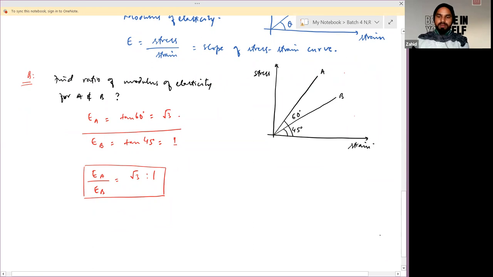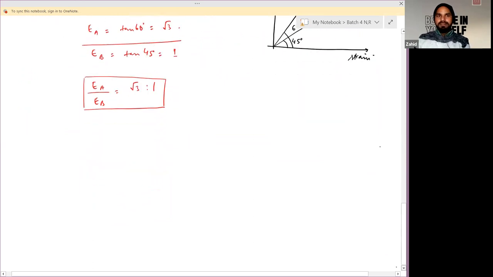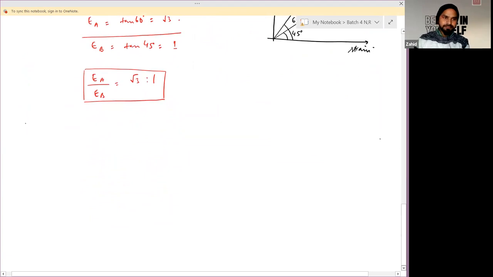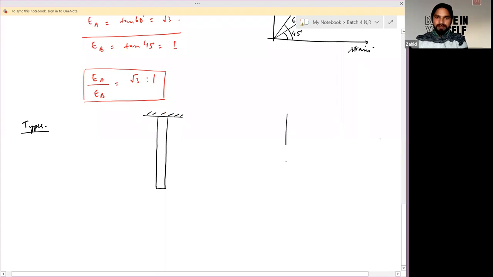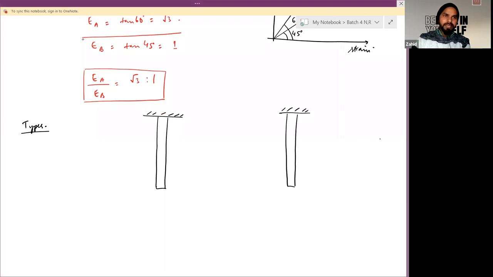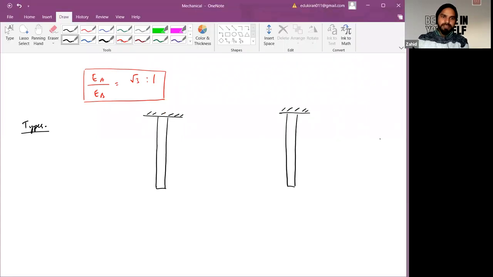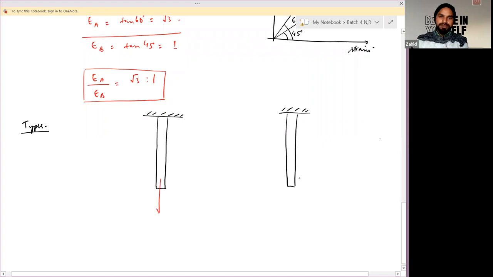Okay. Now, on the basis of these terms, we may define its types. Let's say a solid is hung by a support, so you may apply a deforming force to this object along this direction or along this direction.